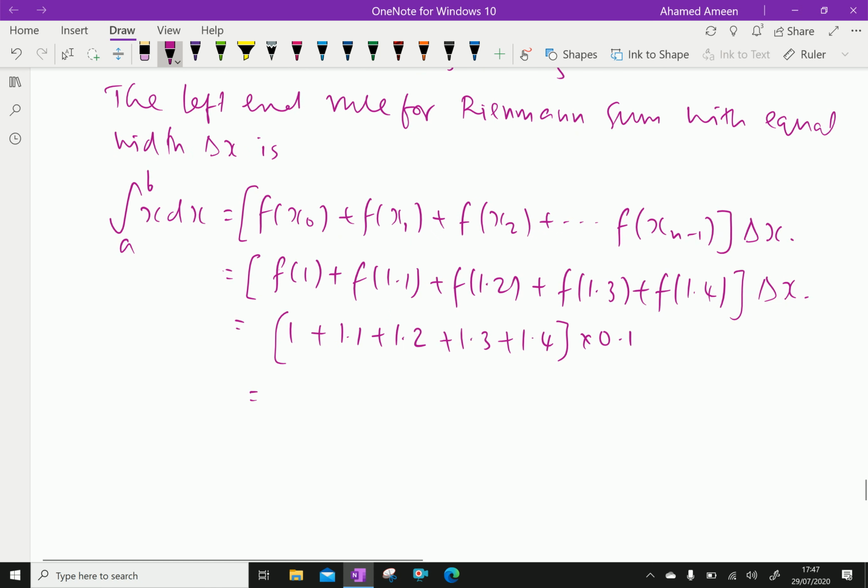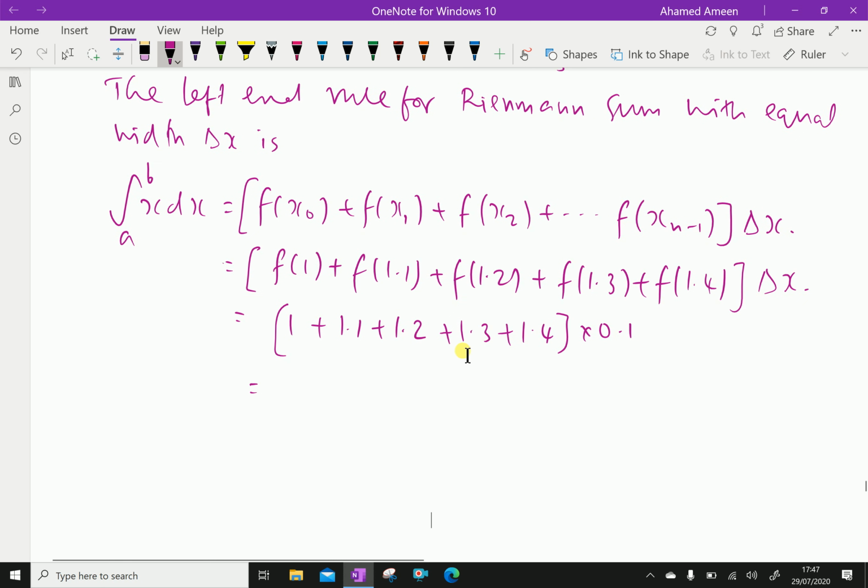The sum is 6.0, into 0.1 equals 0.6. Therefore, the integral from 1 to 1.5 of x dx is 0.6.